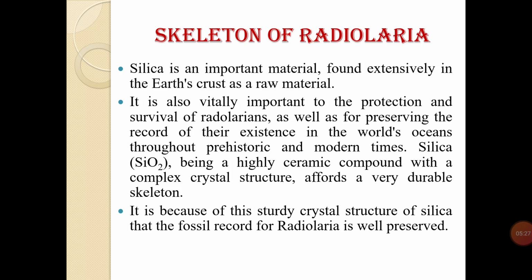Silica, being a highly ceramic compound with a complex crystal structure, affords a very durable skeleton, and they are deposited at the bottom of the sea and make a huge biomass. It is because of this sturdy crystal structure of silica that the fossil record of radiolaria is well preserved.